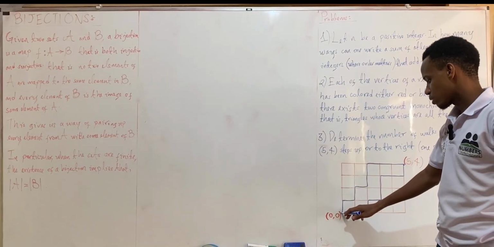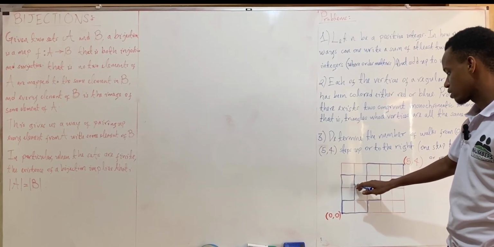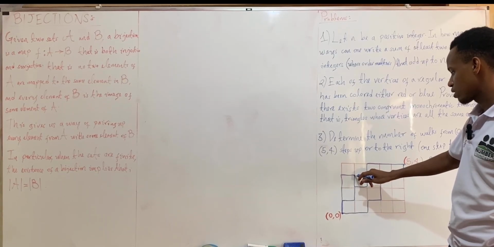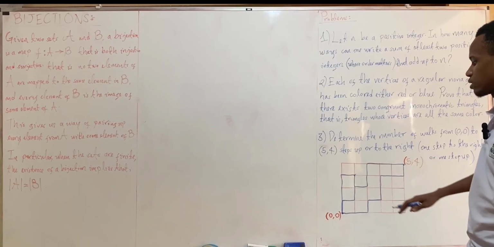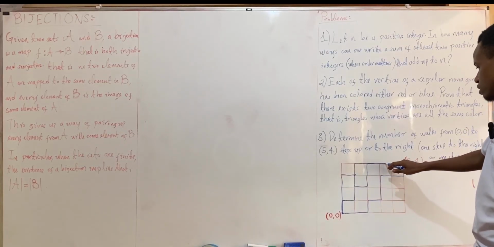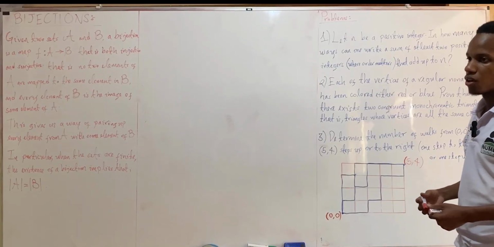As a non-example, you cannot go like this, because here you cannot go downwards. At each of the points, you either have to go to the right or upwards. So maybe you can go upwards, and then you have to go straight forward. You cannot go downwards or to the left.